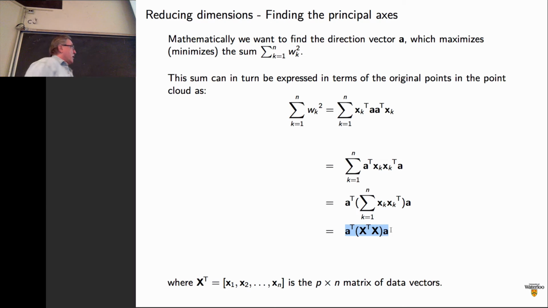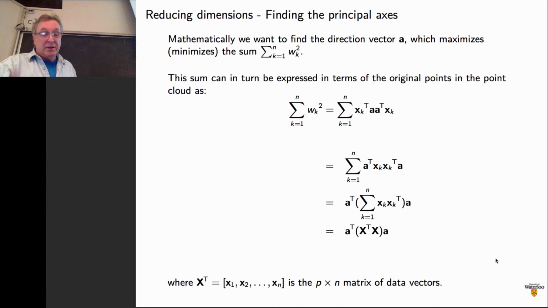So the sum of the squared projections of the x's onto the direction vector A looks like A transpose X transpose X A, where X is the matrix of the data, where every row is one of the vectors in the p-dimensional space. Okay? Everybody with me? So we did that last day.